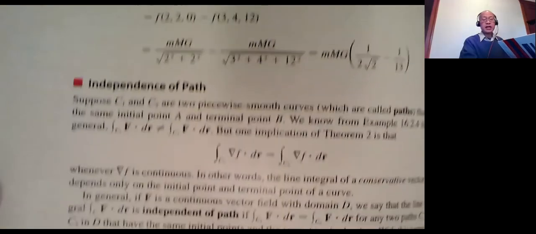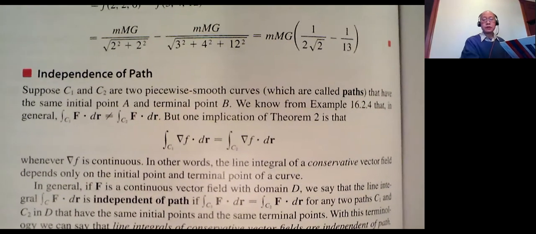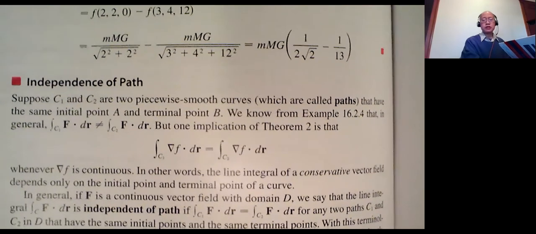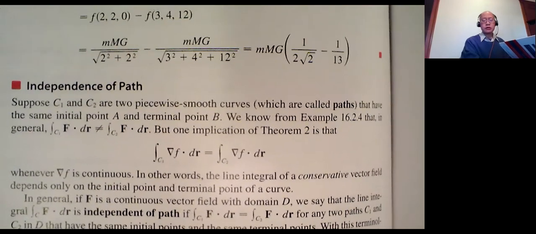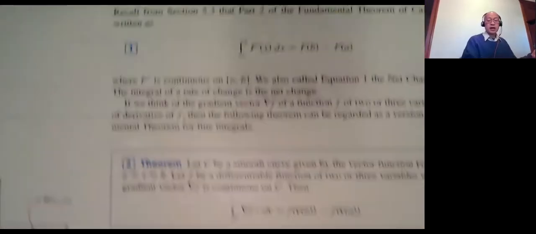Okay, first thing, we have something called independence of path on page 1088. Independence of path, or sometimes path independence. Okay, suppose you're given 2 curves, they call it C1 and C2, of del f dot dr. Okay, that's the same del f dot dr as here.